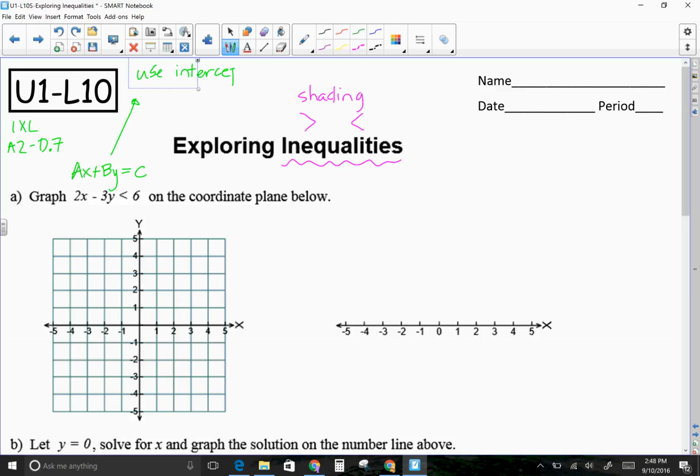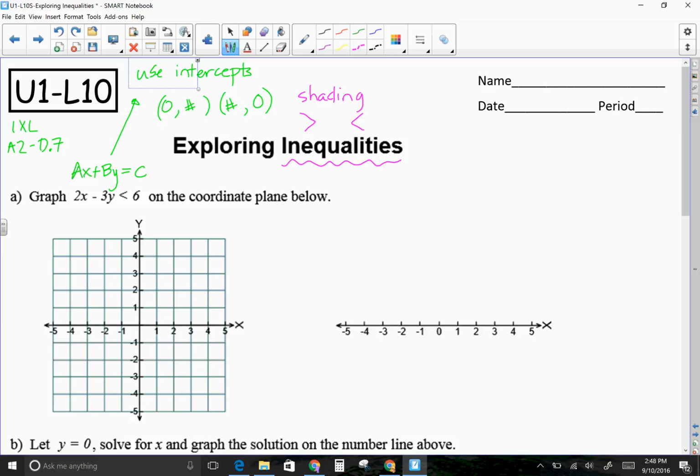And if you don't remember, intercepts are points that cross an axis. So if 0 is x, then it's going to cross the y-axis. If 0 is y, it's going to cross the x-axis.